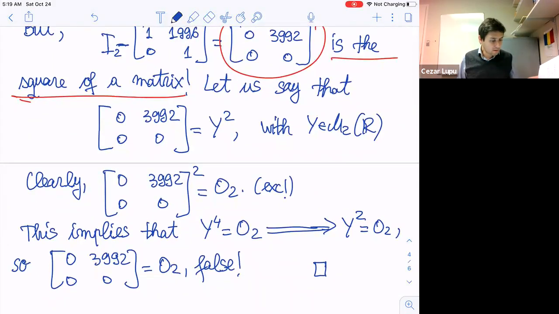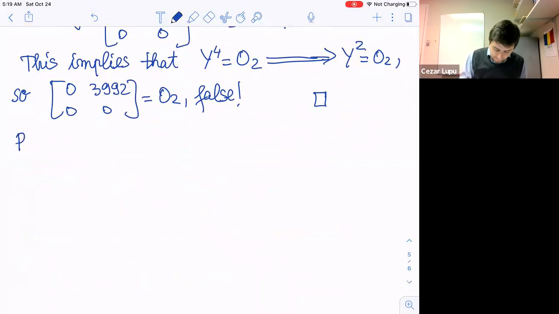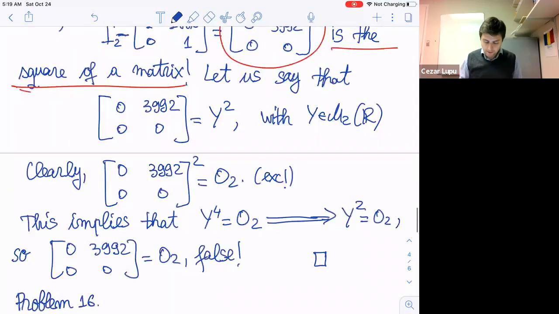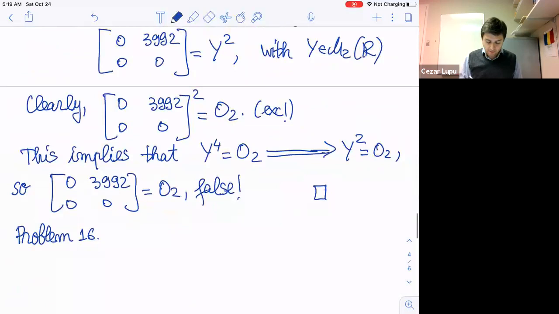Where is it? Okay. There's another problem. Problem 16 in the list, which says the following.